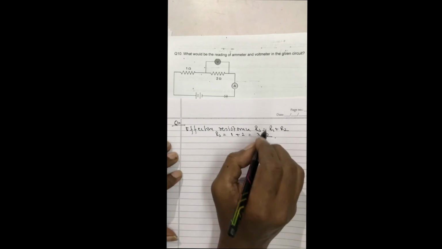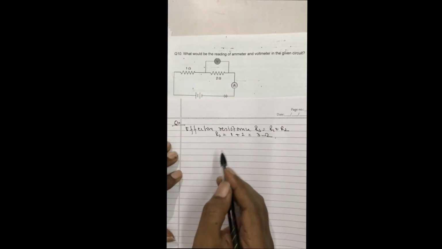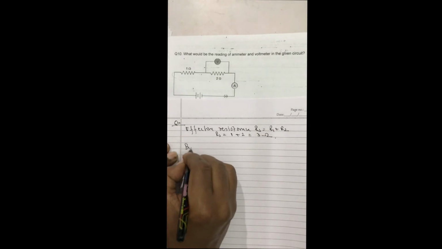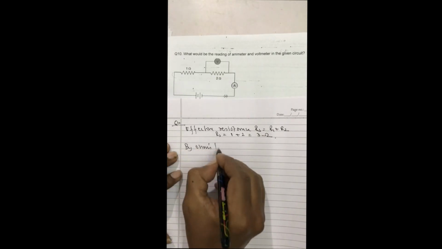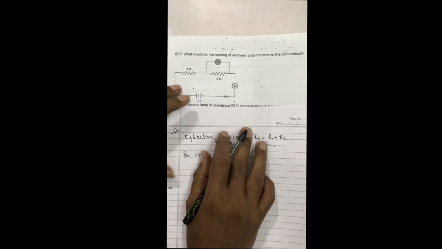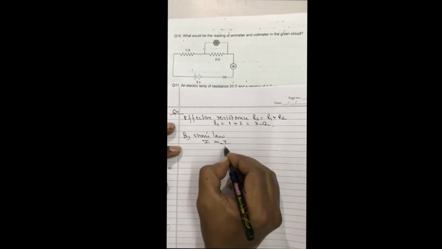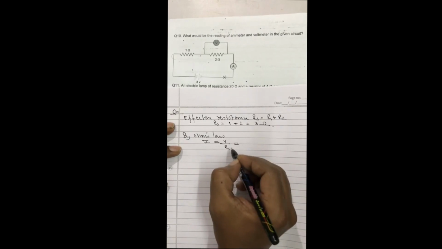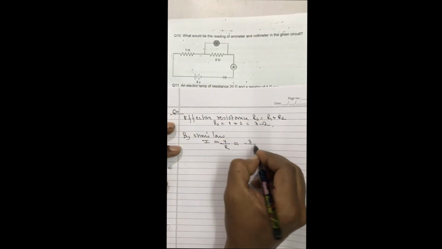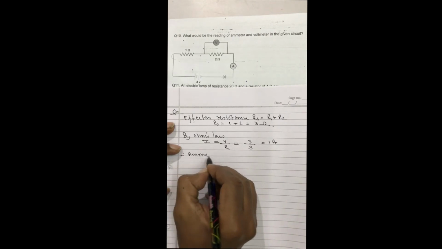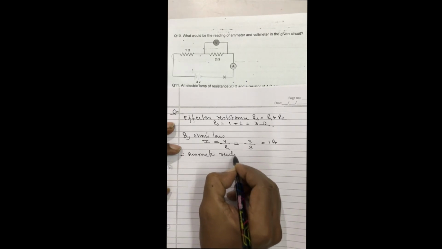Now the current in the circuit by Ohm's law: current is equal to voltage, they have given 3 volt, V upon R. V is 3, R is 3, so that is equal to 1 ampere, the current in the circuit. Therefore, the ammeter reading is equal to 1 ampere.